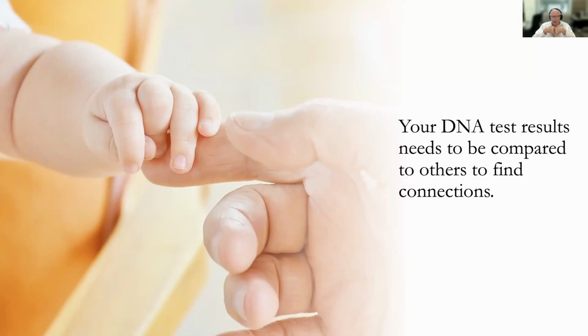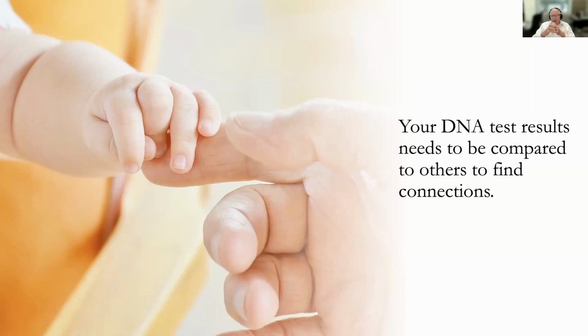And then we're matching that information to other people. When you do that, the percentage of the match indicates the proximity of the relationship. So you get a higher percentage with someone who is a close relative, like a brother or sister, a sibling, than you would if it was your fifth great grandfather and his descendants 15 generations removed. You may not get enough DNA out of that to even determine an accurate relationship.